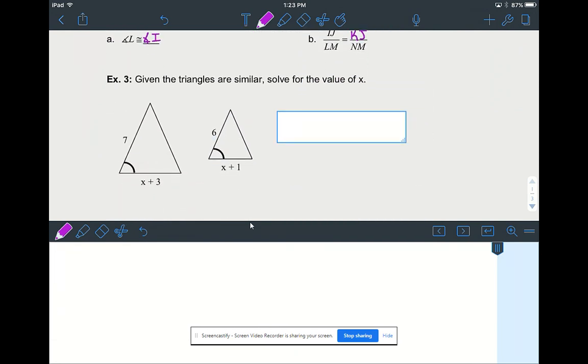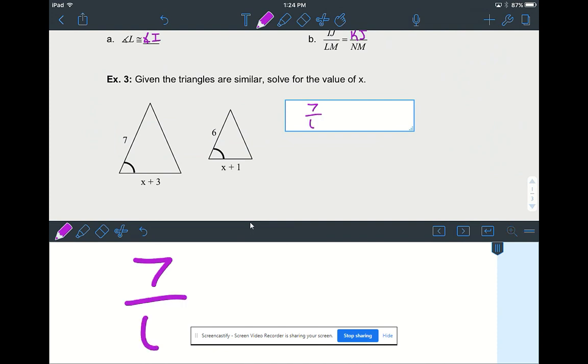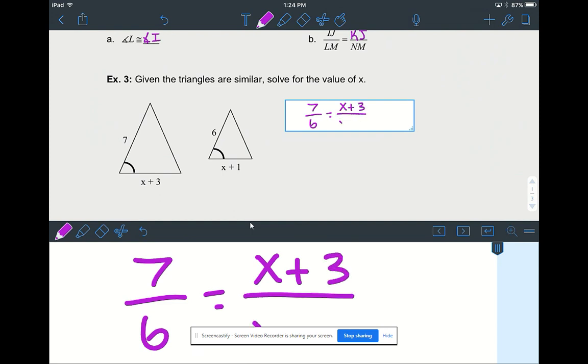Now, given that the triangles are similar, solve for the value of x. So we're told that these two triangles are similar. So if these two triangles are similar, that means all corresponding angles are congruent and all corresponding sides are proportional. So that means we can set up a proportion. So 7 to 6 is going to be proportional to x plus 3 to x plus 1.